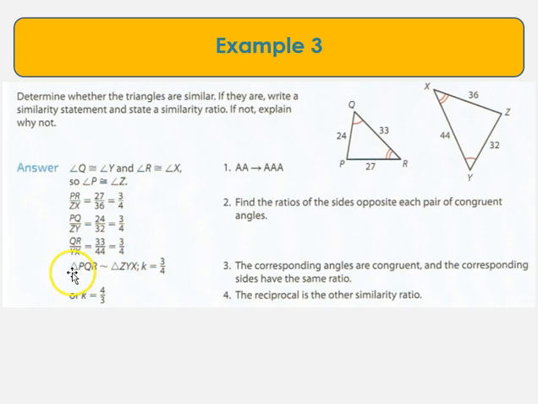So, triangle PQR is similar to ZYX. The constant, or the similarity ratio, is another way that you can express that, is 3/4. This is what's the same for all of them. Okay? And so this is similar, and we stated the ratio.